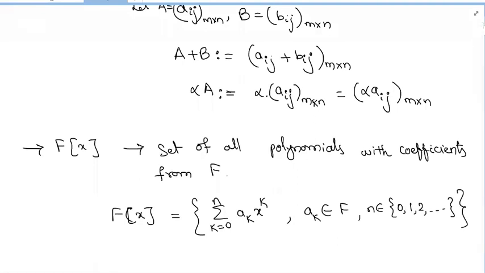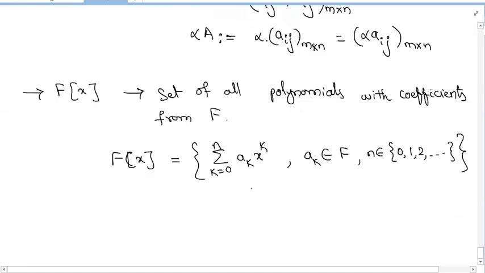You will see this in ring theory also, where it is called a polynomial ring, but we are not taking it as a ring. We are going to take it as a vector space.